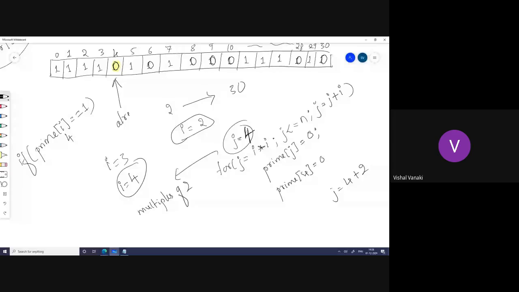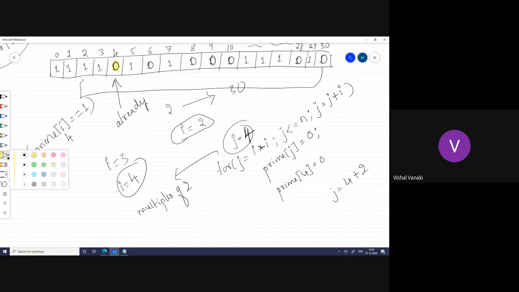Then there is no need of removing multiples of 4. Directly go for the next number. So when you make all of them, then you can print all the numbers with element values as 1. You can print all the indexes with the element as 1.